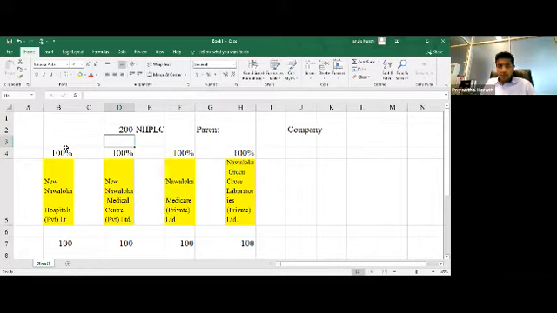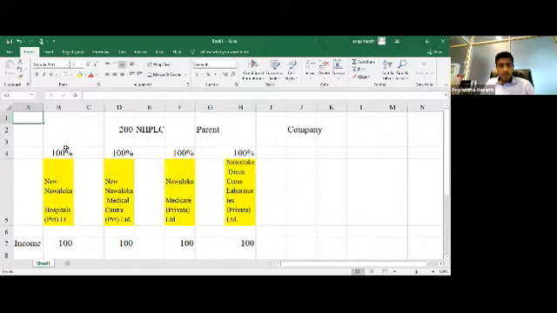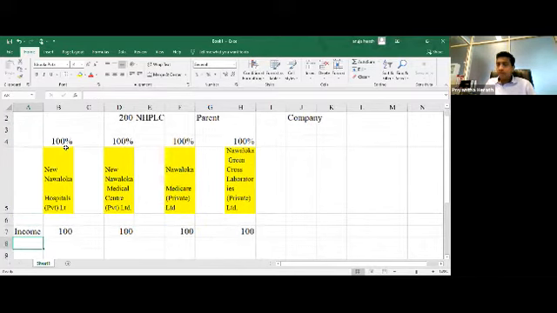I'm going to repeat. Let's assume that for New Navaloka Hospital Private Limited, this is their sales or income: 100, 100, 100 for the subsidiaries, and the parent company 200. What's the group sales figure?